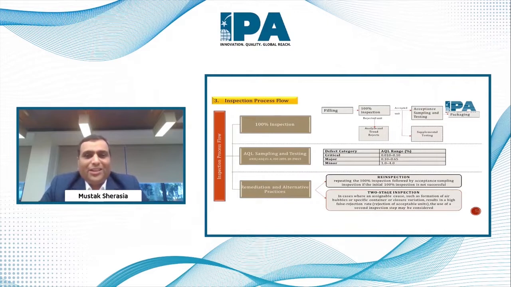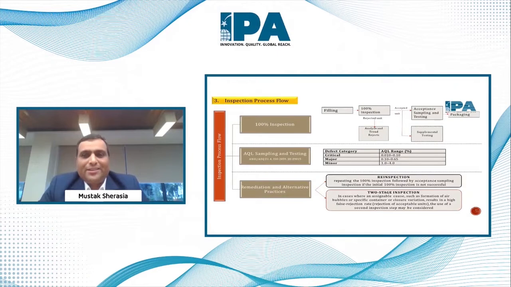If we look at the inspection process flow, normally the entire filling process is completed, followed by 100% inspection, and then it goes for supplemental and AQL testing. If that is successful, it goes for the packaging process.